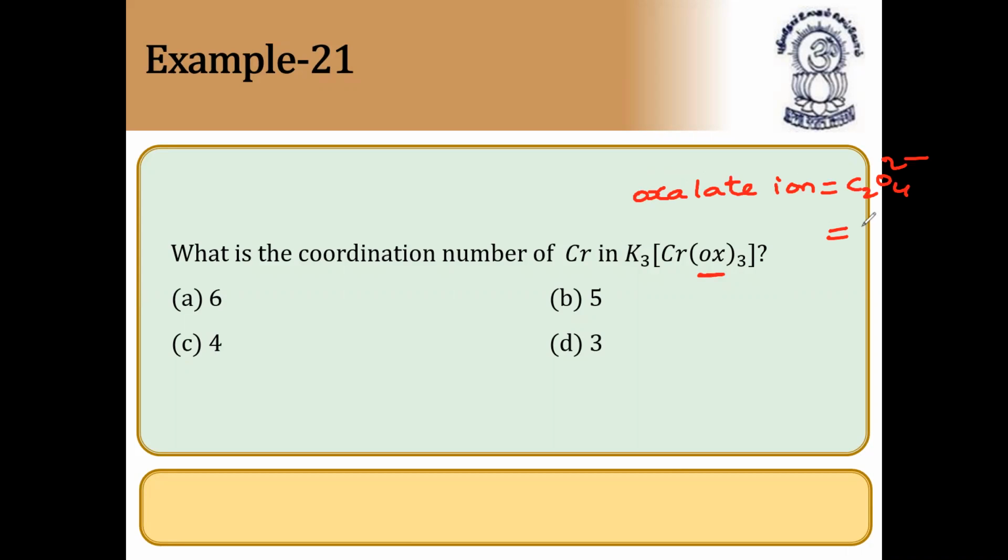Since oxalate ion is bidentate, and 3 bidentate ligands are present, 3 into 2 is 6. So answer would be A. Definitely it is A. ox is called oxalate ion C2O4 2 minus. It is a bidentate ligand, and bidentate means 2 electron pairs. 2 into 3, it is becoming 6.